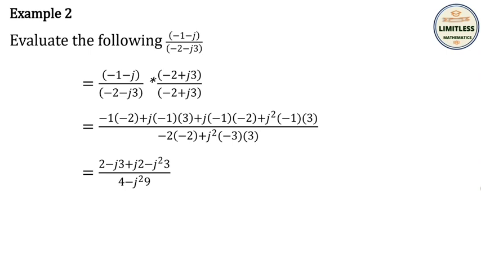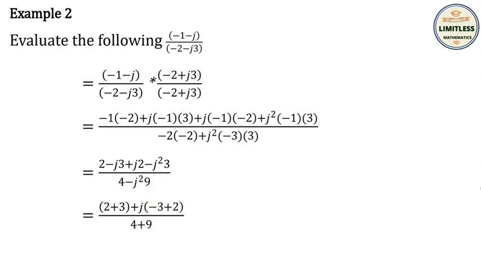Then the denominator is basically nothing but this one times that one, which is 4. Then this one times that one is this. Then this is 4, this one. Then this is nothing, because -j square is -1 times -9, which is +9.